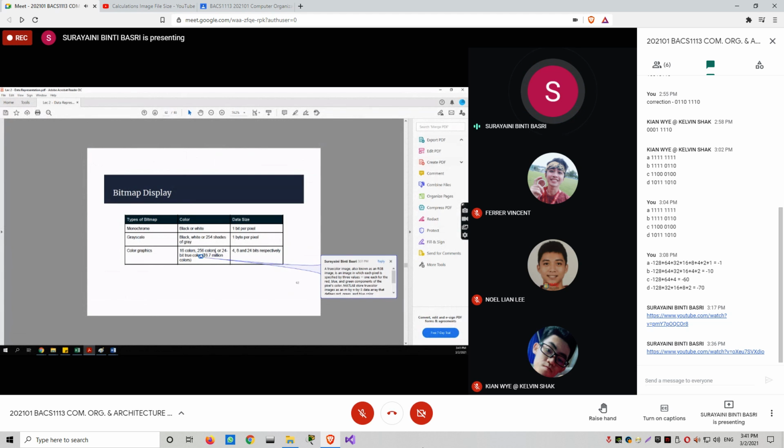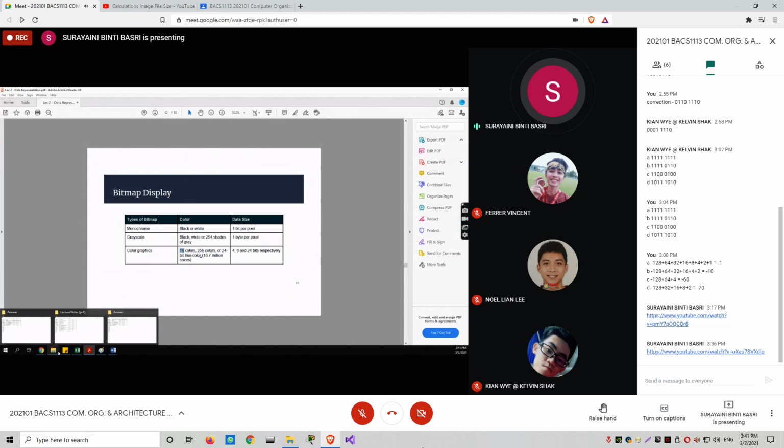This one is too much, we don't know how to calculate it, but I know how to calculate this one. If the question says there are 16 colors, you remember the binary positions: 2 to the power of 0 equals 1, 2 to the power of 1 equals 2, and then 2 to the power of 3 equals 8. Remember that one?